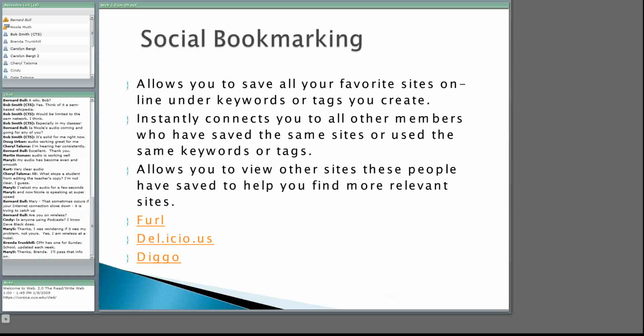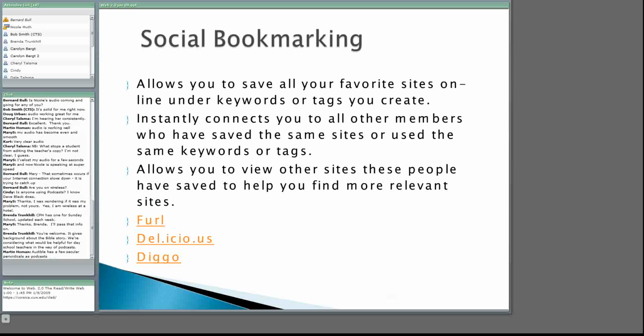For example, in my methods class, I've had students save sites on teaching mathematics, and they've used a particular tag word, like we'll use math methods spring 2007 or something like that. Whatever keyword you want that no other person would use accidentally, you can use. And then students save sites using that keyword. And then when they search for that keyword, they get all sorts of sites that their particular group has saved. It also allows you to make comments about the site.